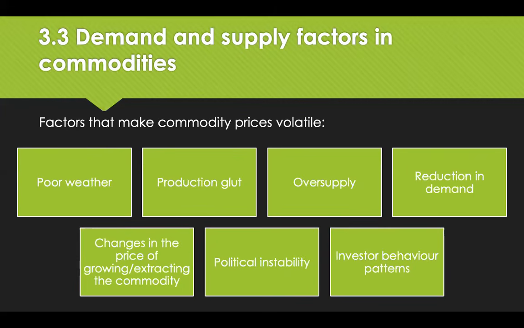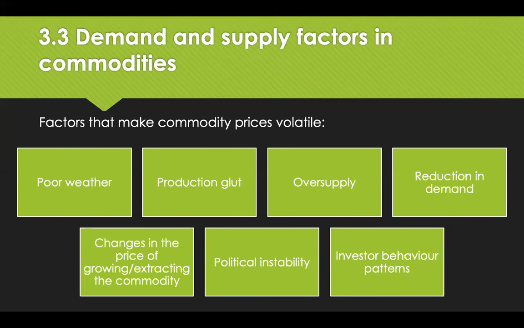So if a commodity was stockpiled against future presumed shortages that didn't occur, you'd end up with an oversupply. It could be a reduction in demand because a major buyer's usage of the commodity has changed, or changes in the price of growing and extracting the commodity.